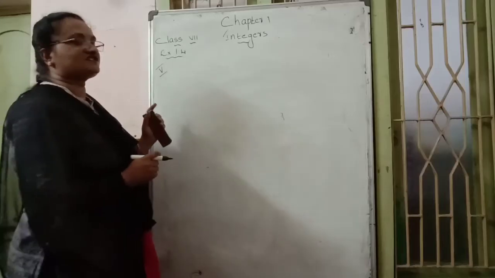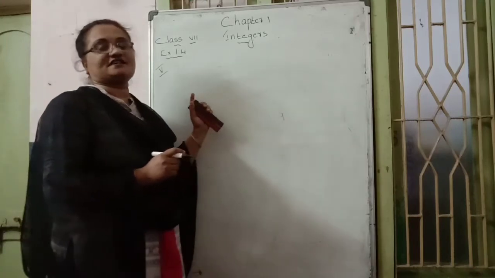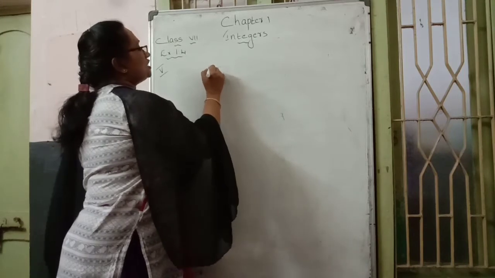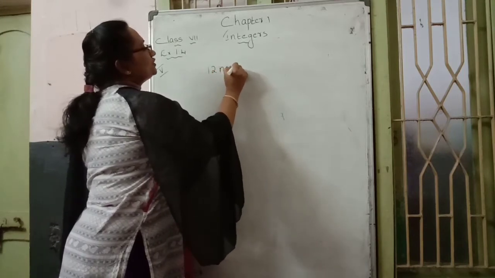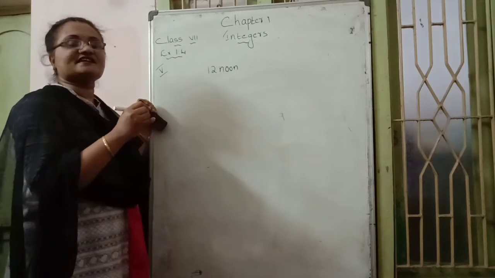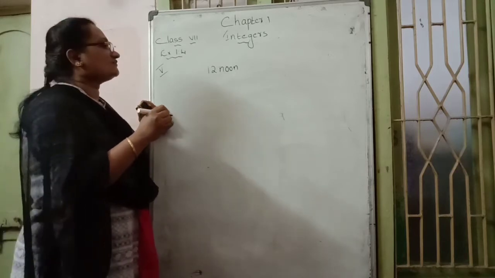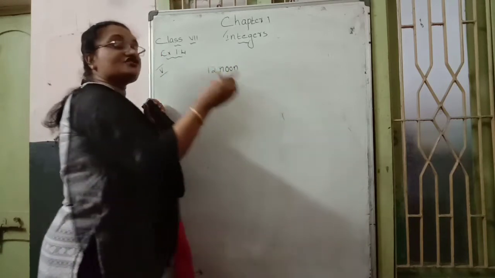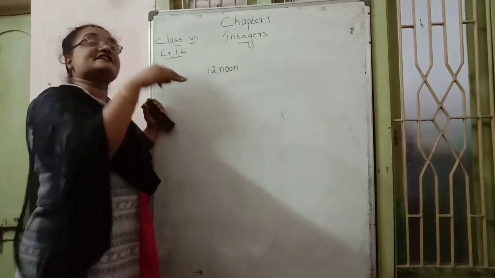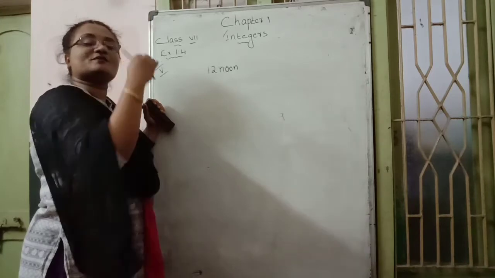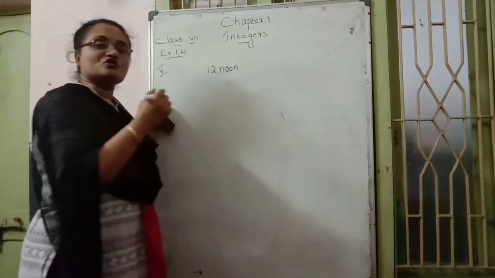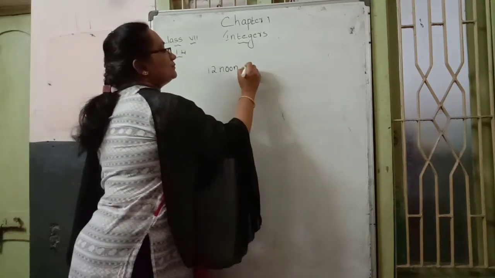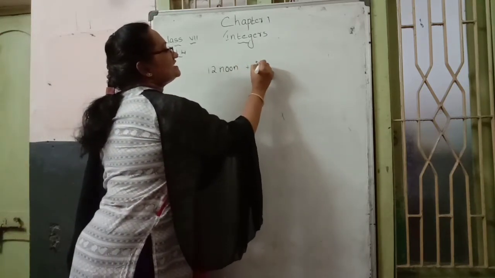Then the fifth question. Room temperature is given. At 12 noon, which represents afternoon, the room temperature is 10 degrees Celsius above zero. Above zero represents positive 10 degrees Celsius.